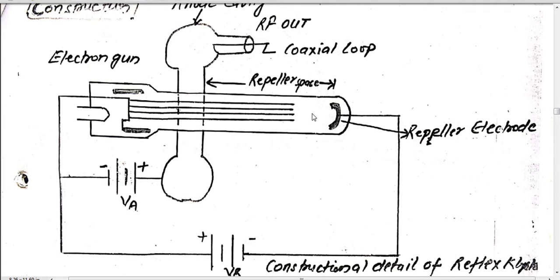And the third is the late electron, which is traveling with the least speed compared to the other two, so its penetration into the repeller space will be very little.